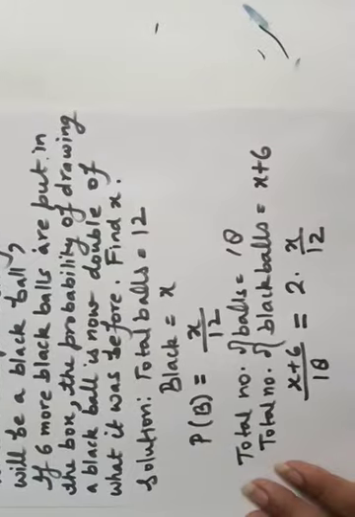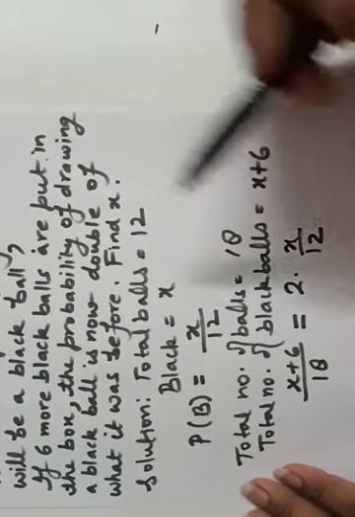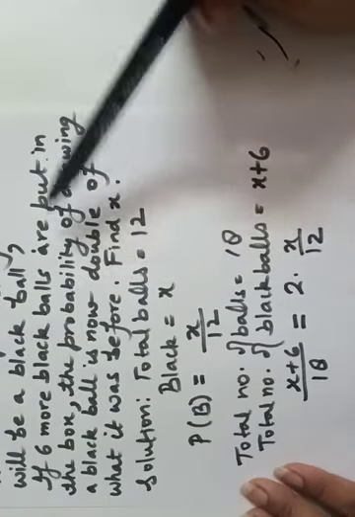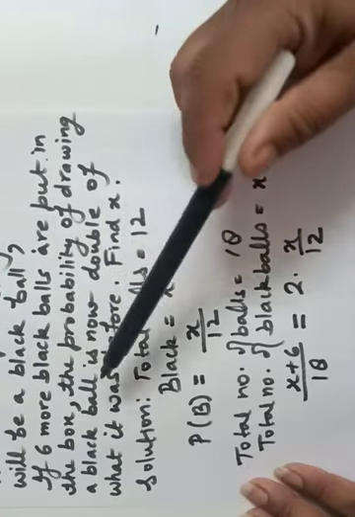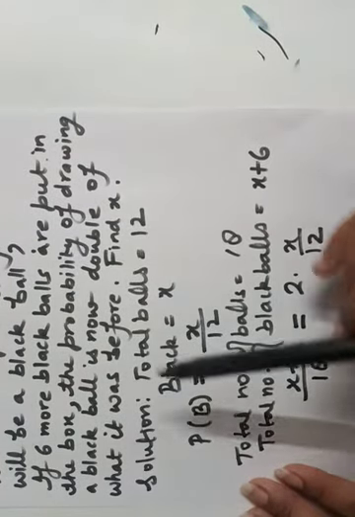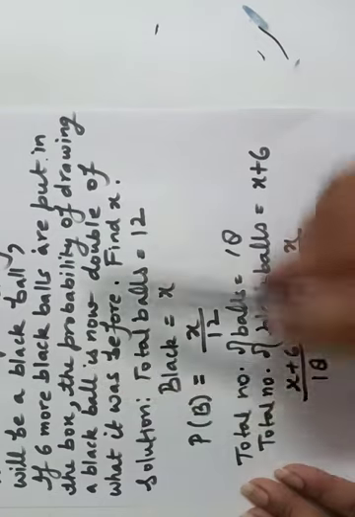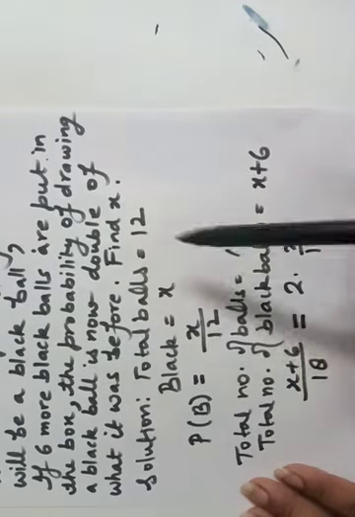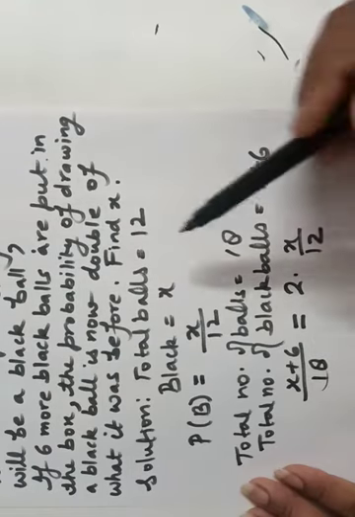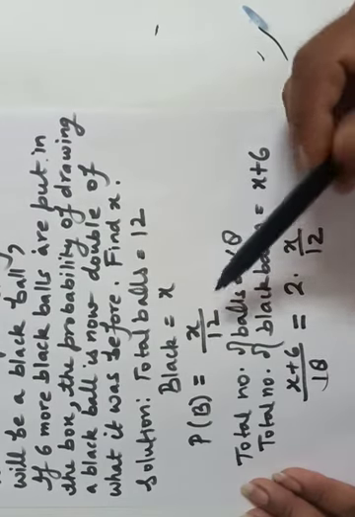Let's match with the condition. When the balls are added, that is x plus 6 upon 18, this probability is double of what it was before. Before we have already found x upon 12.